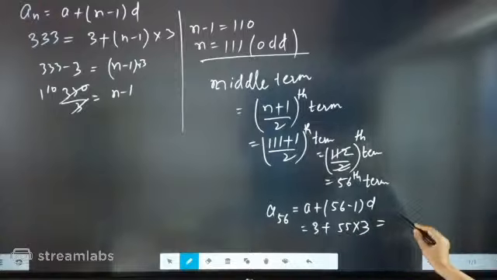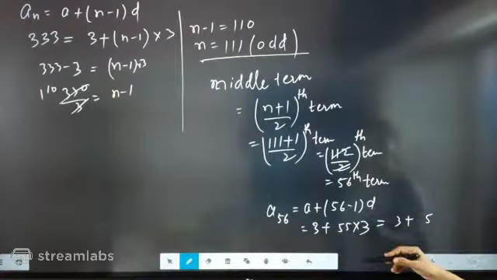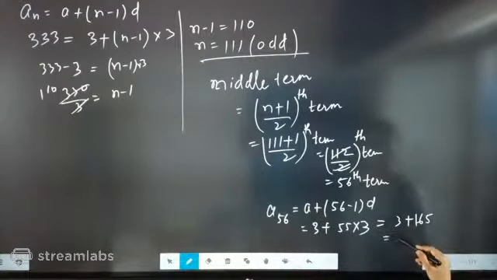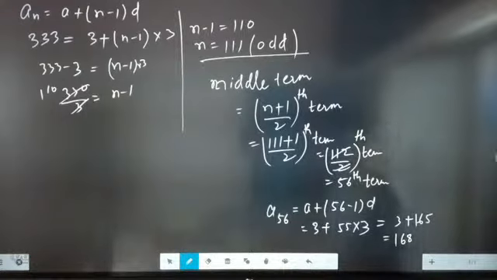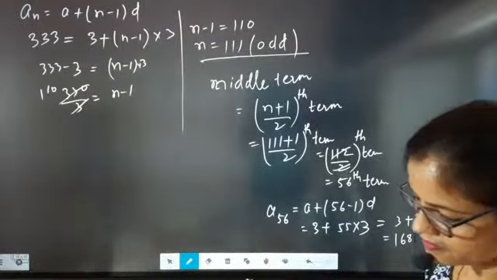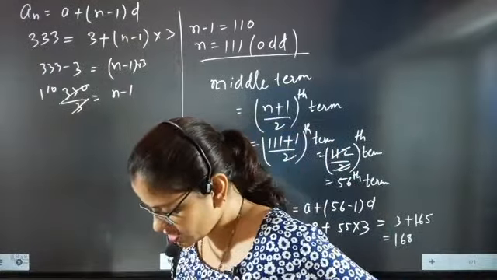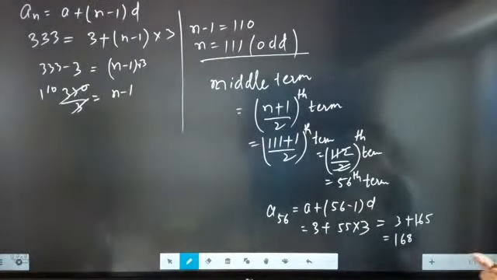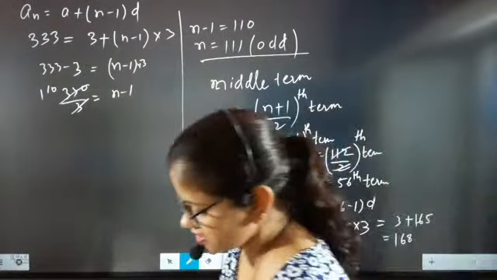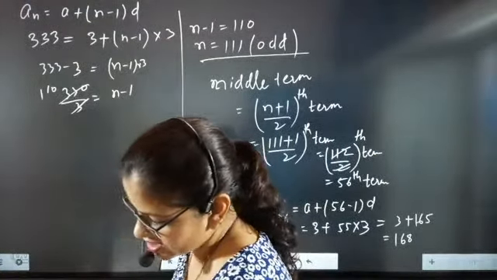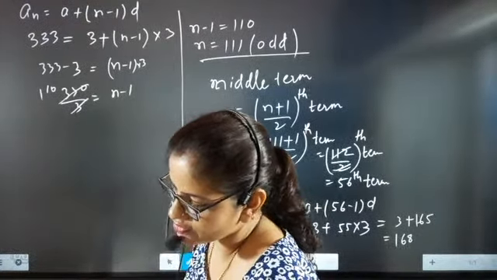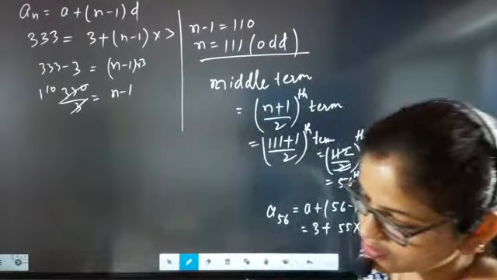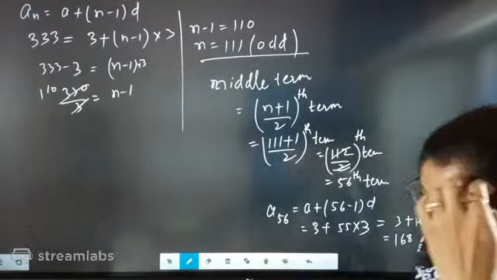After that you have to find that term also. 3 into 55 is 165, plus 3, that means beta 168. 168, absolutely correct beta. The 56th term is 168. I think my children are now ready to solve the 2015 question. Ready everyone?